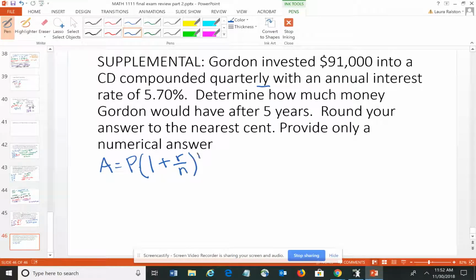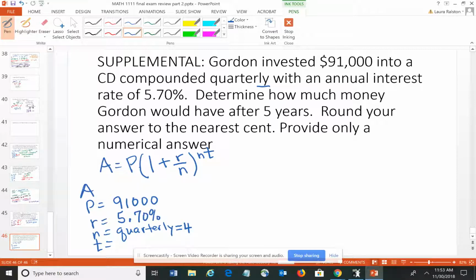compound interest formula, which is A equals P times 1 plus R divided by N, all raised to the NT power. And again, one of the first things I want to do is try to identify all of the information I have. It says that he deposits $91,000 into an account, compounded quarterly. Again, quarterly is the idea of every 3 months, so that's 4 times per year at 5.70%.